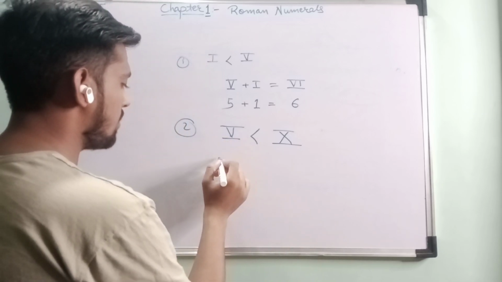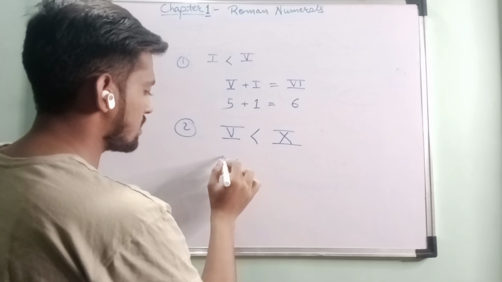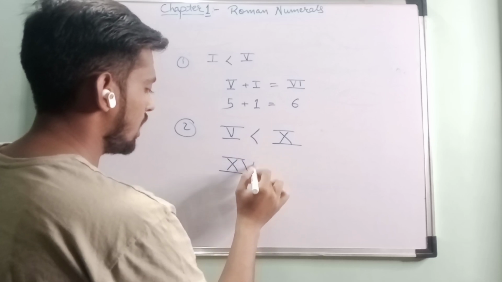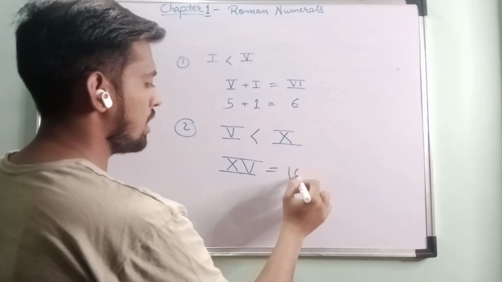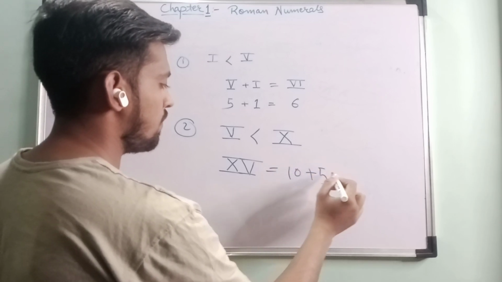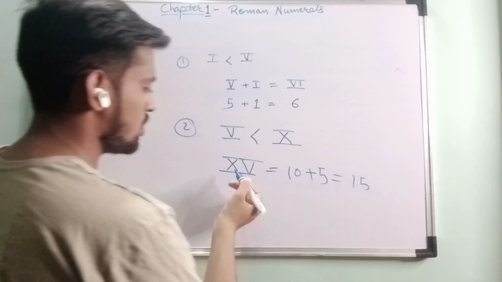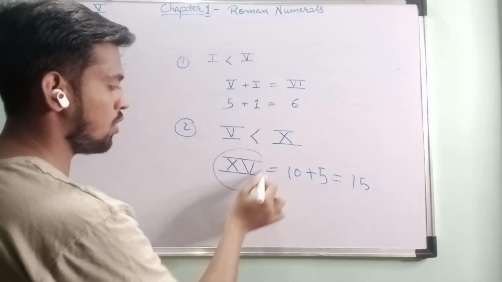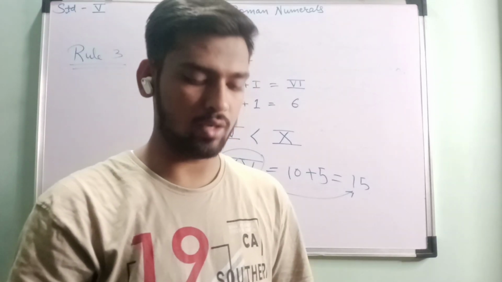So here I am writing V on the right side of the 10, that is X. Right side of the 10. So simply you can calculate that 10 plus 5, which equals, obviously, 15. So this symbol is denoted as 15.